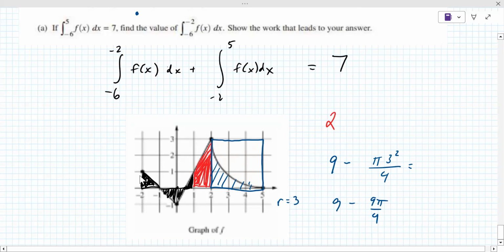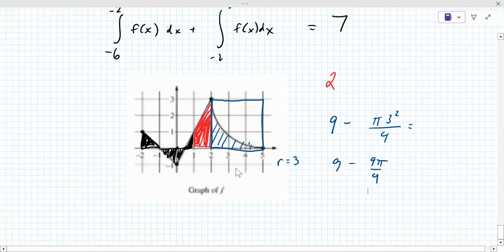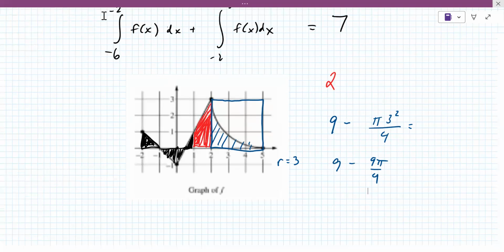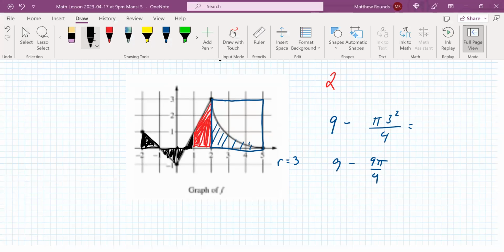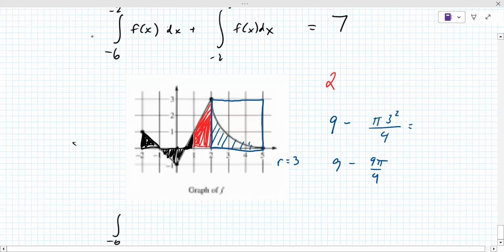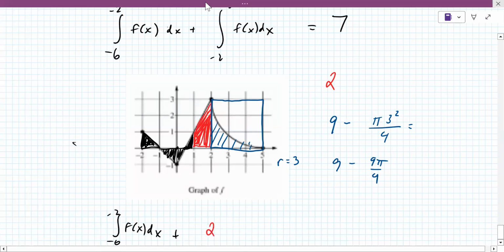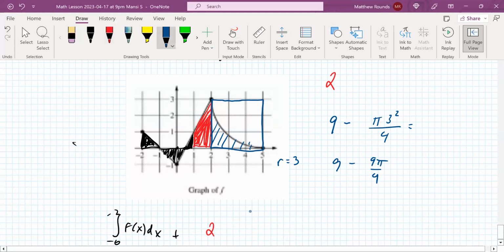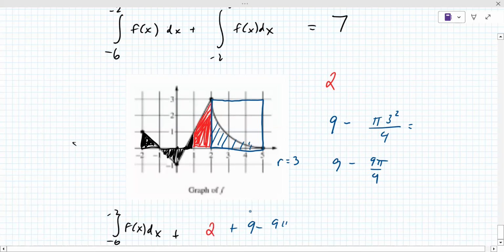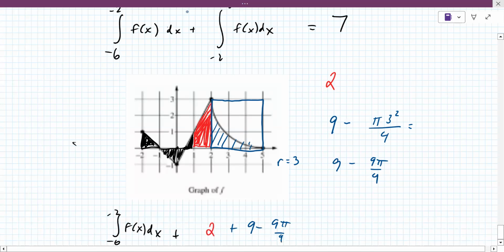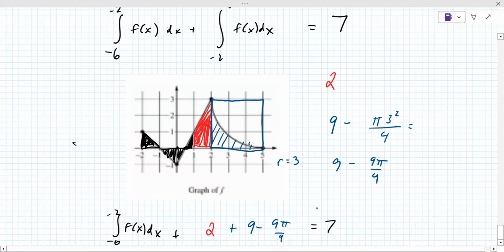So here's what we've got. We know that the first one is 0, the second one is just 2, and the third one is this 9 minus 9 pi over 4. So we're going to put that in for these unknowns. The integral from -6 to -2 of f of x dx plus 2 plus the 9 minus 9 pi over 4 equals 7.